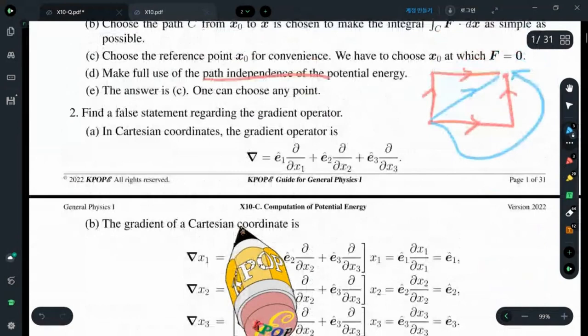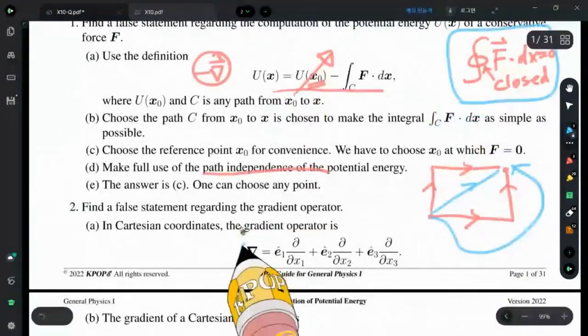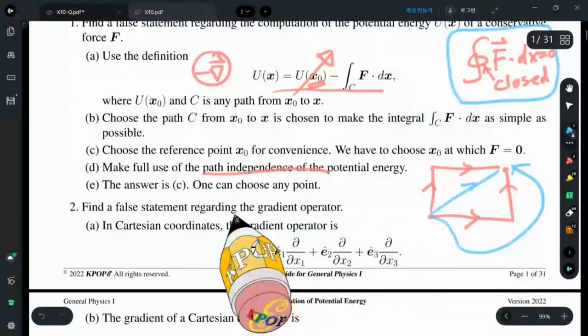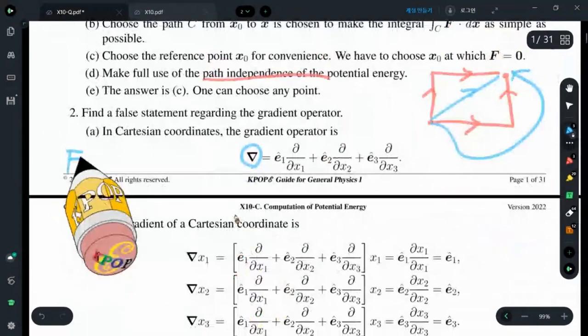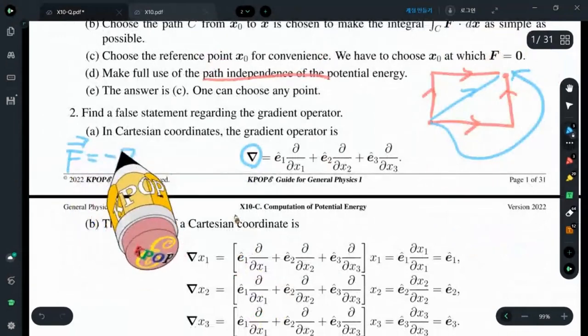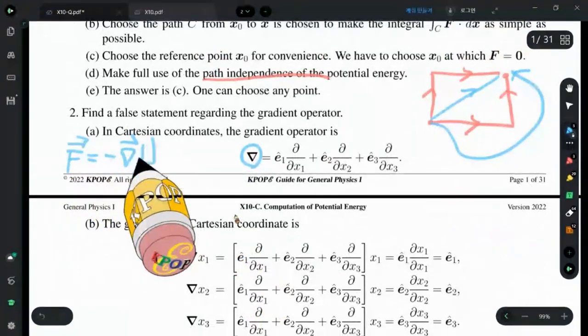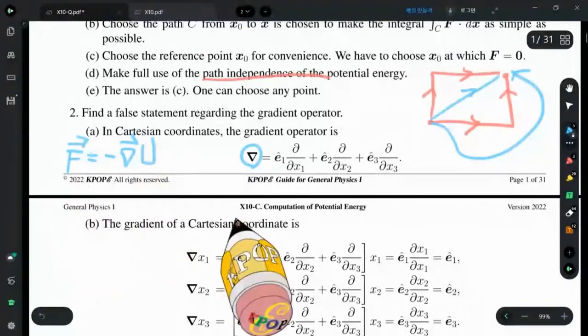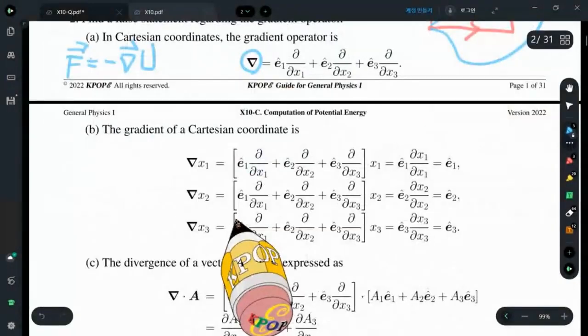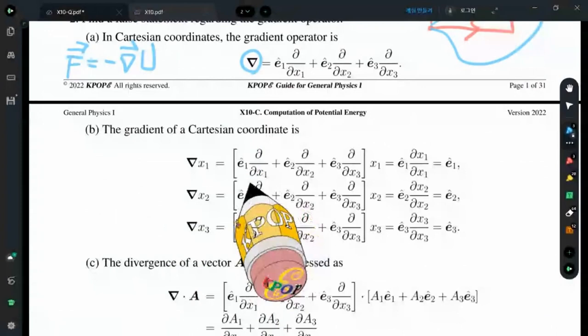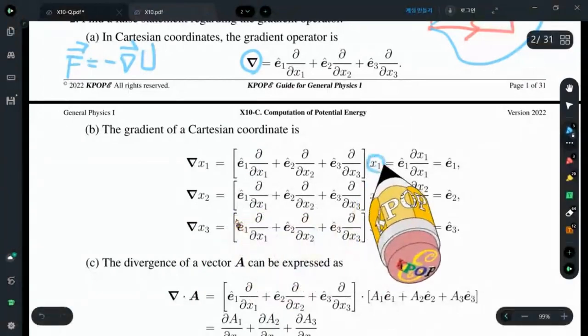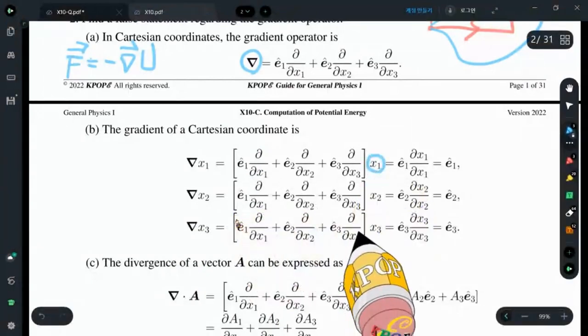Once you know the potential energy, you take the minus gradient of the potential energy to obtain the force. This is a simplistic example of the gradient of a single Cartesian coordinate.